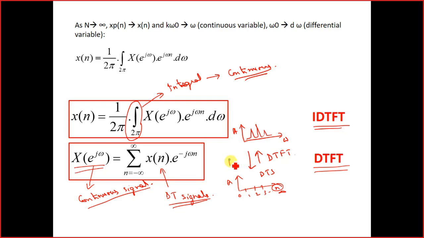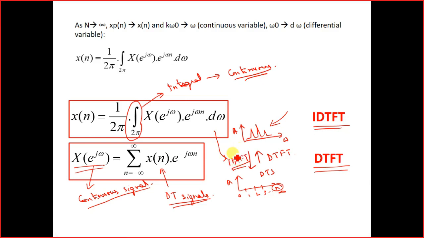If we apply the IDTFT, since the Fourier transform domain is continuous in nature, during the implementation of the IDTFT we have to employ integral calculus.